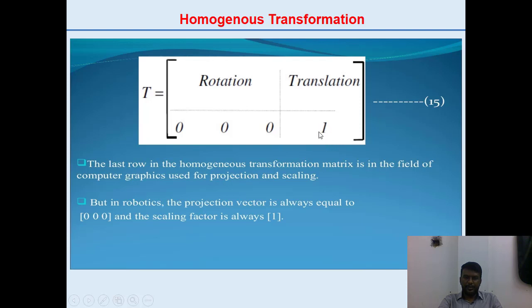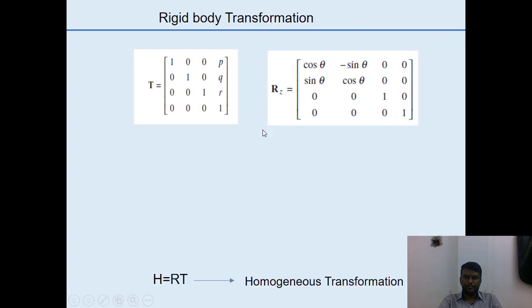One is for scaling, and this one represents the reflection, but we don't need these things. We only need rotation and translation. These are required in computer graphics. When we study computer graphics, these two are required. However, in this case, we don't need them. We already established these two matrices. This is the translation, this is the rotation matrix, and the combination of both is called the homogeneous transformation matrix.